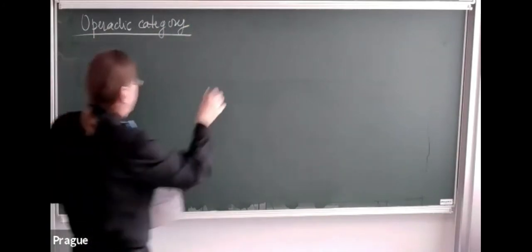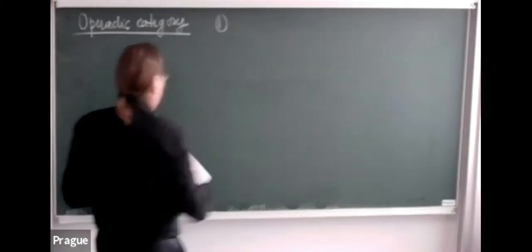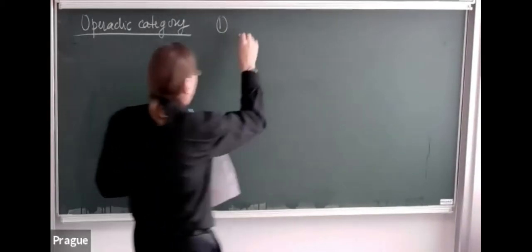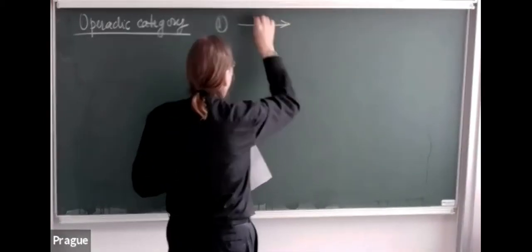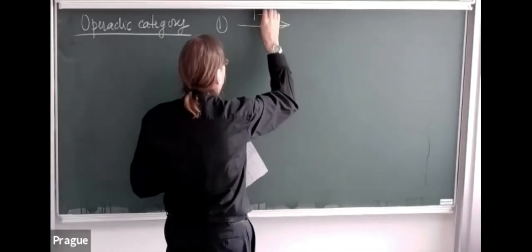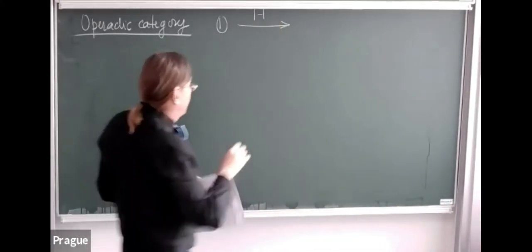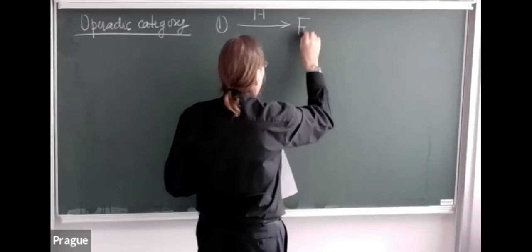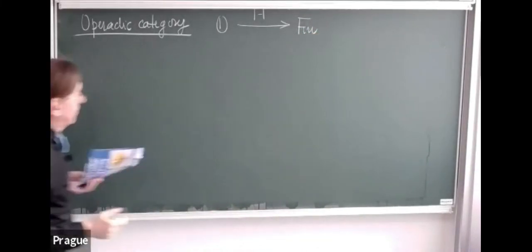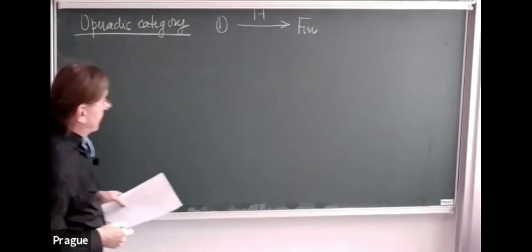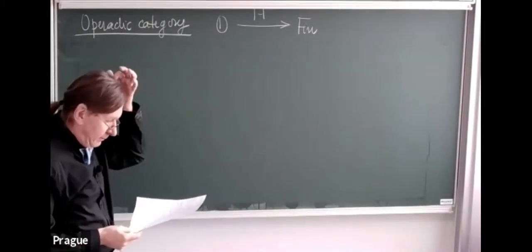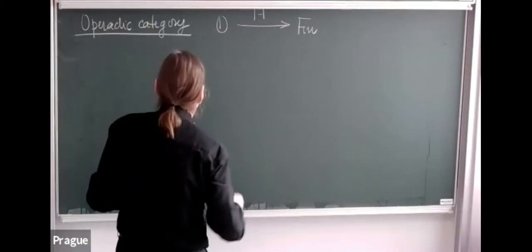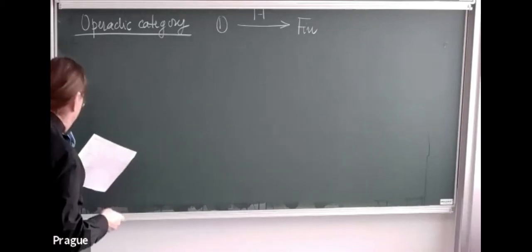It is a category O, which is equipped with a functor, which we call the cardinality functor, into Fin, which is a skeletal category of finite sets. And it has the following extra structure.